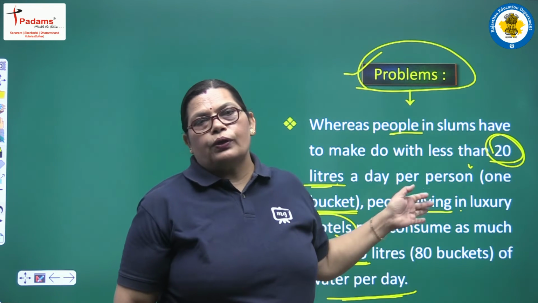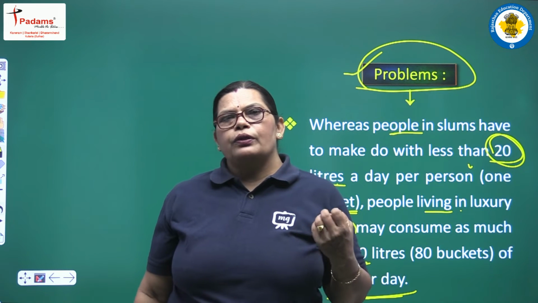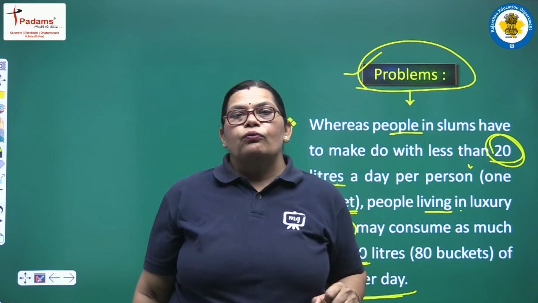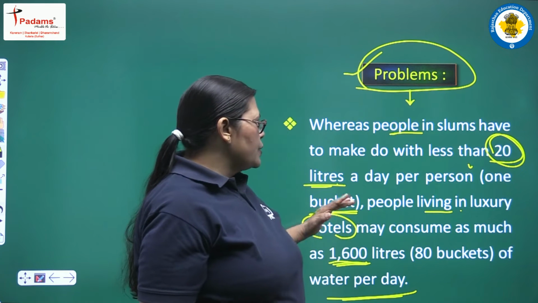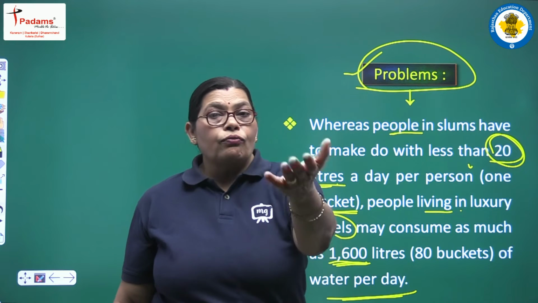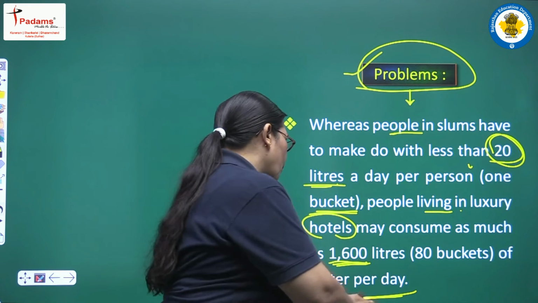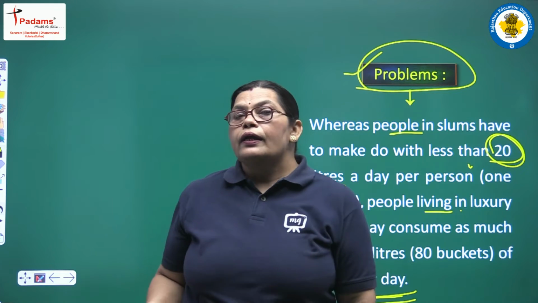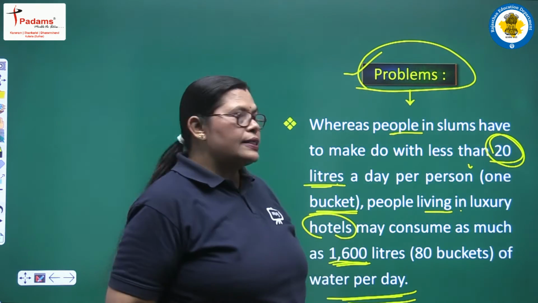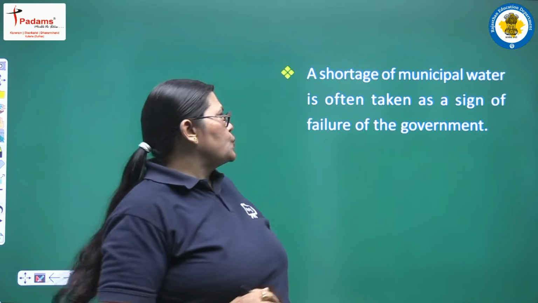Situations of the luxury hotels are here, and one by one we are considering the main necessity of the per person water supply. Then see the conditions in luxury hotels: near about 1600 litres, or 80 buckets of water, is supplied per day, or we can say however much is supplied, their consumption is 1600 litres. So this one is the critical situation here.